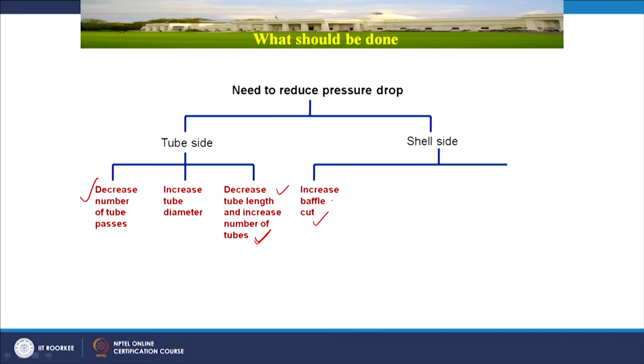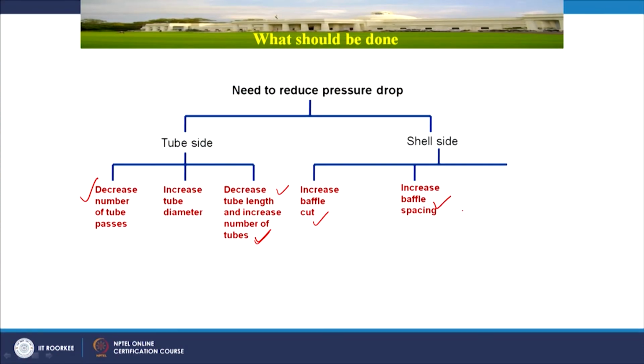more baffle cut. When the baffle cut is more, more space will be provided, and you can have less pressure drop. But at the same time, it will reduce the heat transfer coefficient as well. And the second option is to increase the baffle spacing. We have to increase the baffle spacing, and then we can increase the tube pitch also.